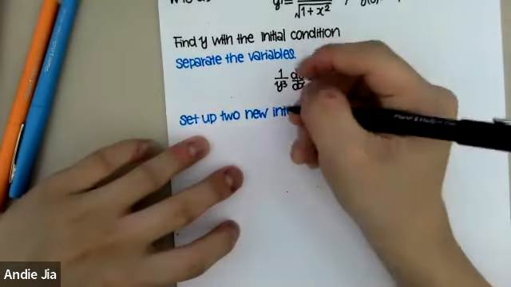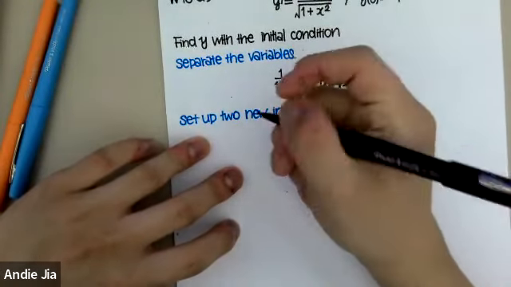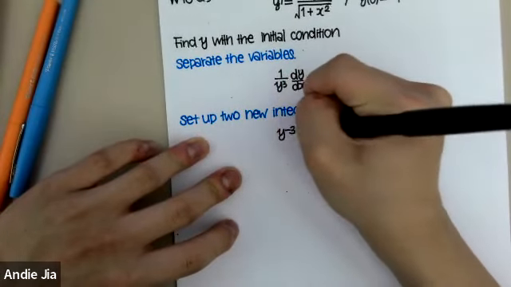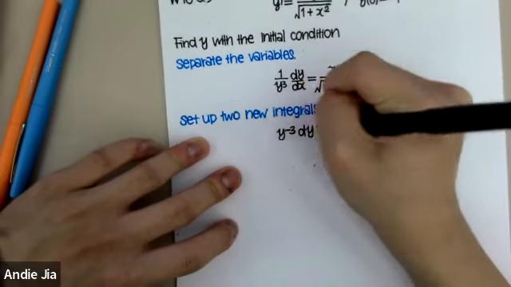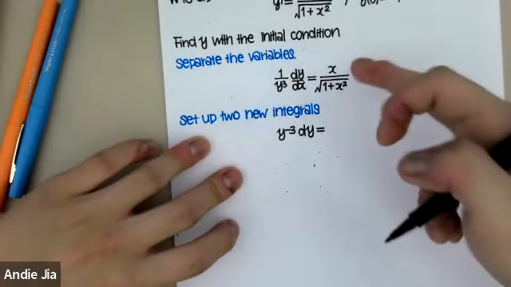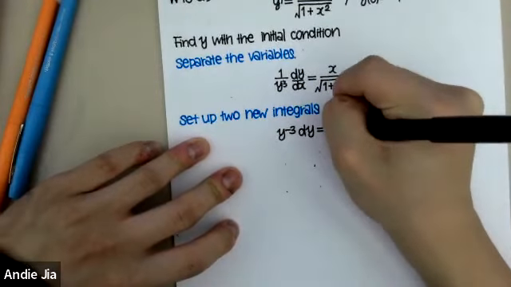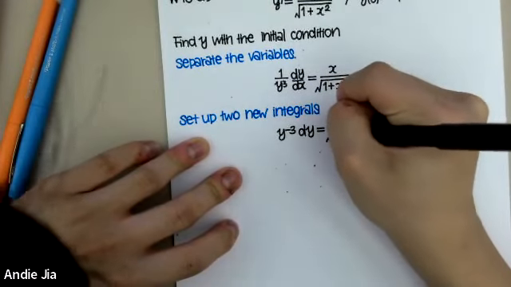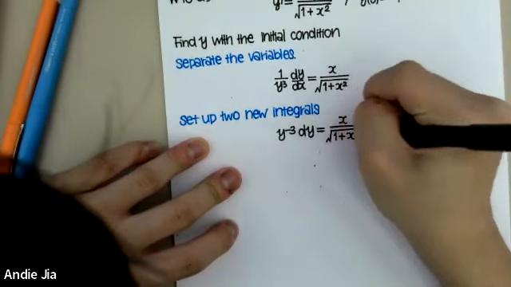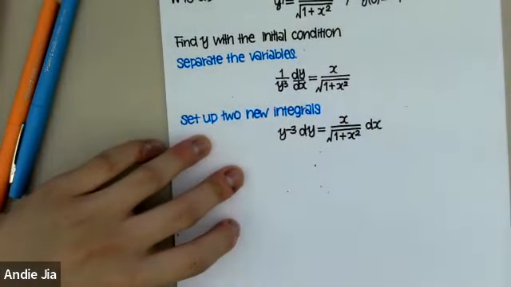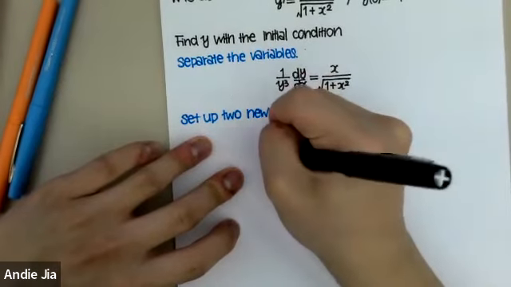We're going to have y to the negative 3 dy equals this expression, which remains unchanged, dx.